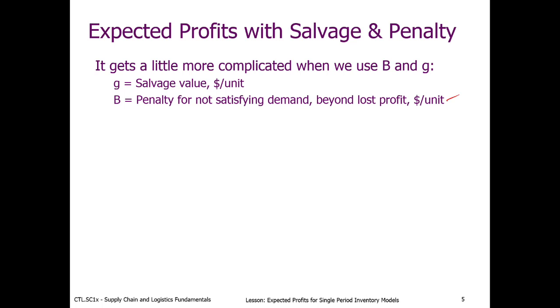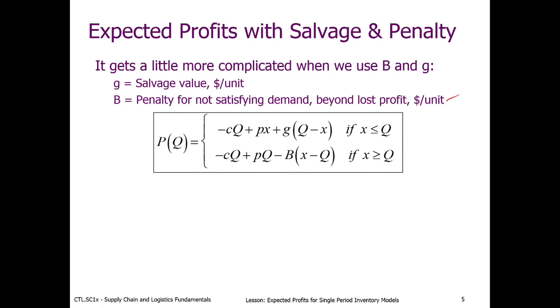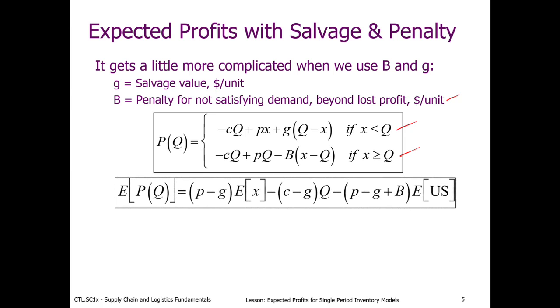If I stock out of these jerseys, maybe I figure that I lose, I don't know, $5 in goodwill. Whatever that is, you can add that in as well. And these same two equations, the profitability equation for when demand is less than what I ordered, and when demand exceeds what I ordered, it all falls out the same terms as in the previous, and it turns out to be this equation.